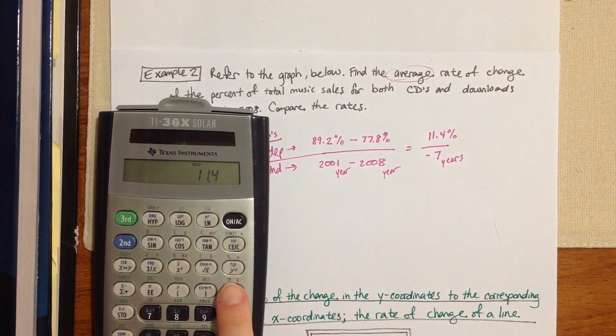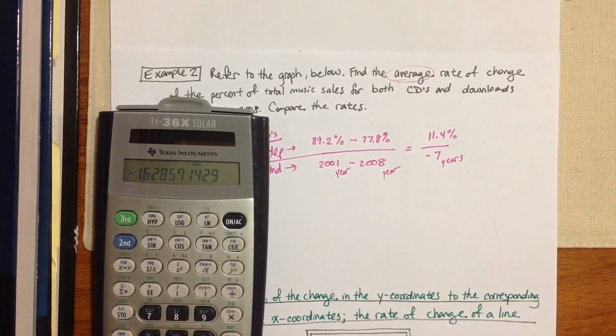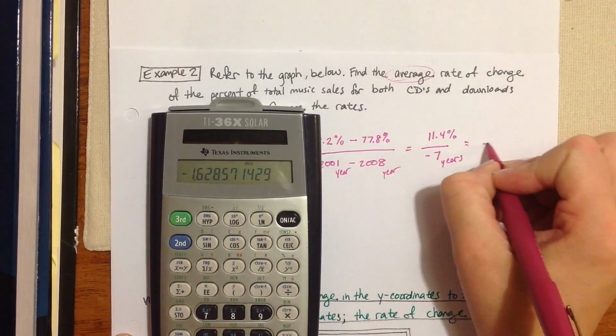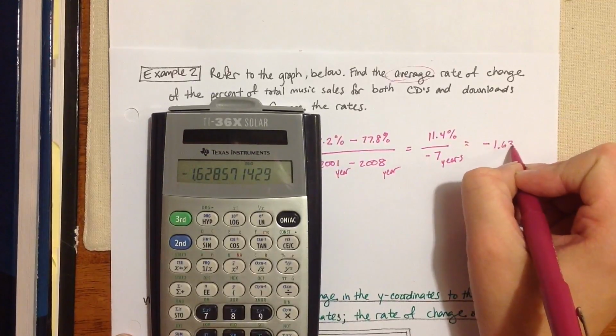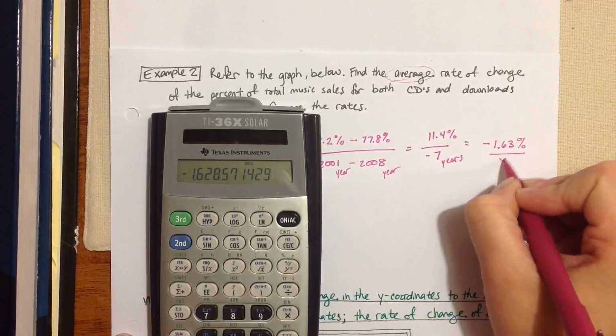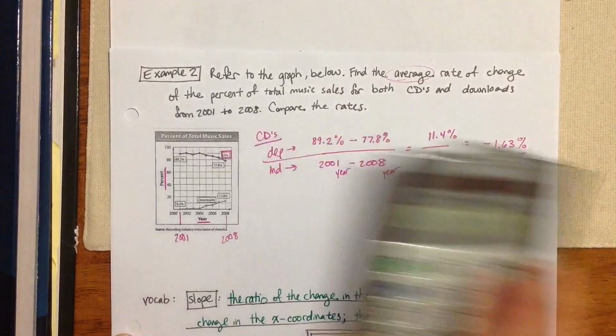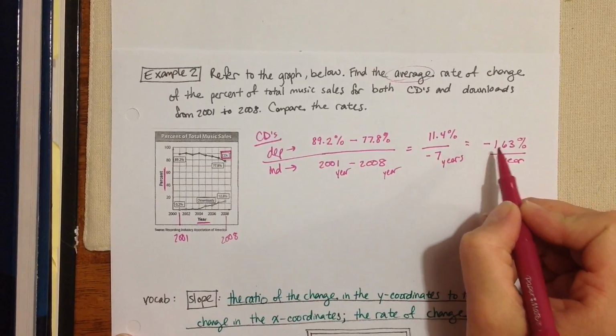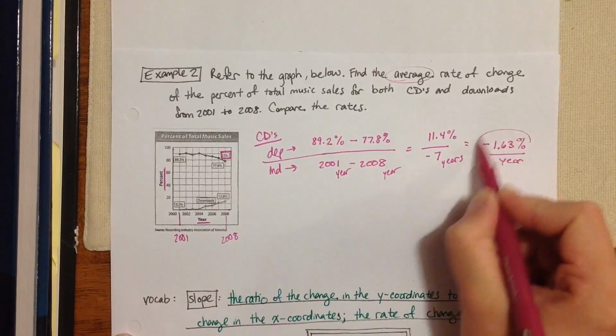If I do 11.4 divided by negative 7, I get kind of a gross number, but I'm just going to give a couple places. So this is negative 1.63 roughly percent per year. So the CD sales are decreasing, that negative is decreasing, 1.63% per year.